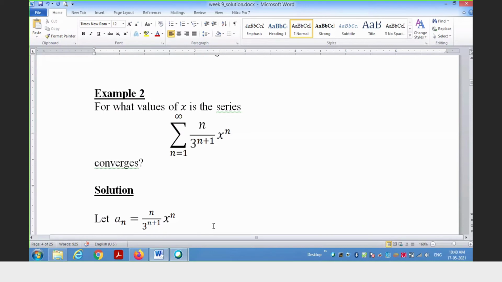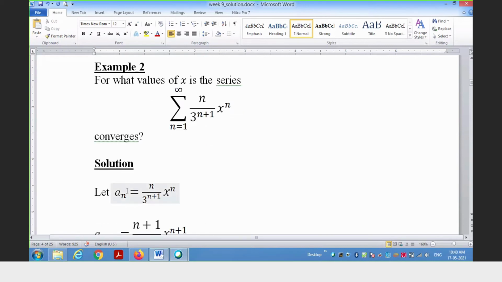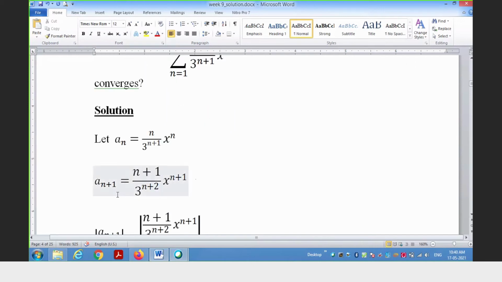Again, we use the ratio test. a_n equals n over 3^n plus 1 times x to the power of n. So a_{n+1} will be n plus 1 over 3^(n+1) plus 1, x to the power of n plus 1, because you replace n with n plus 1.